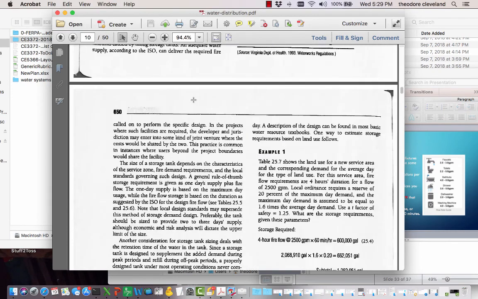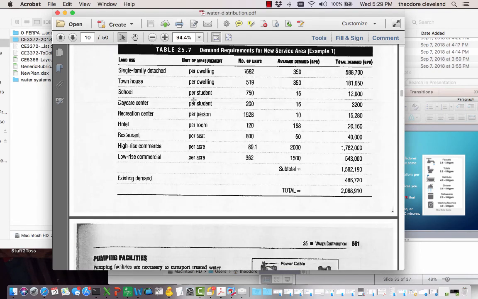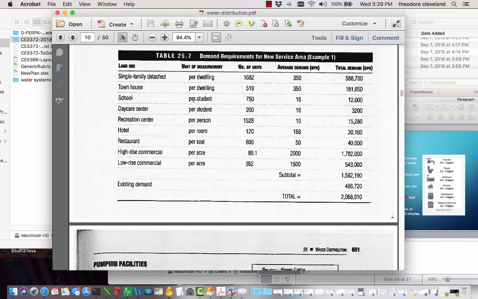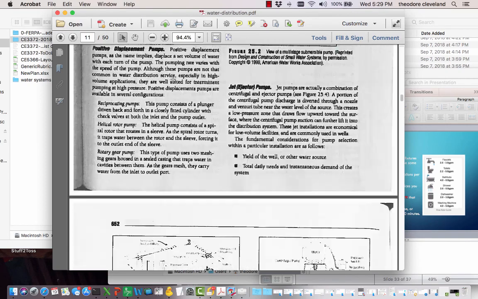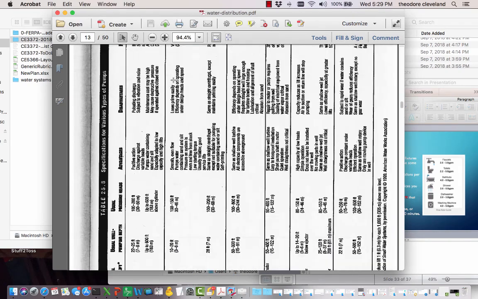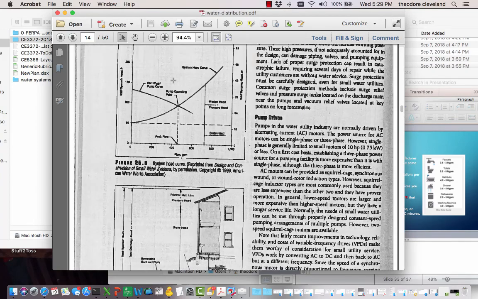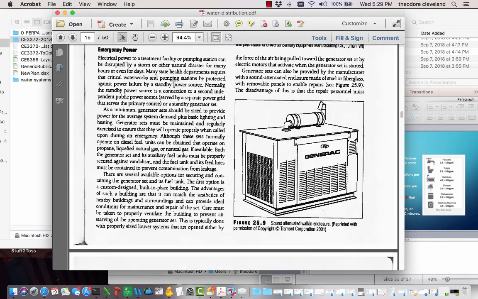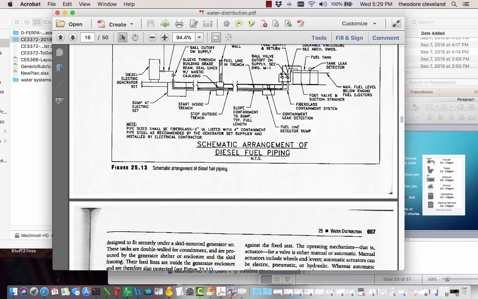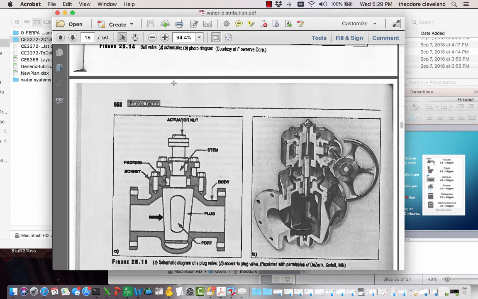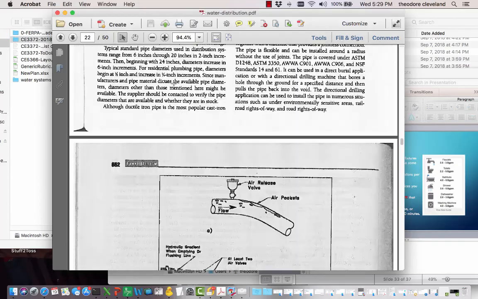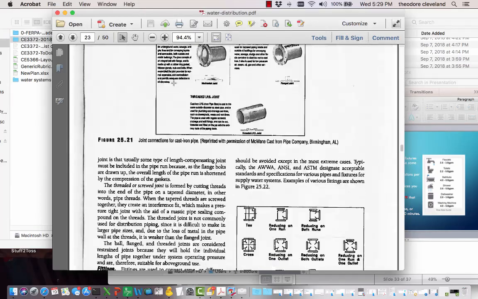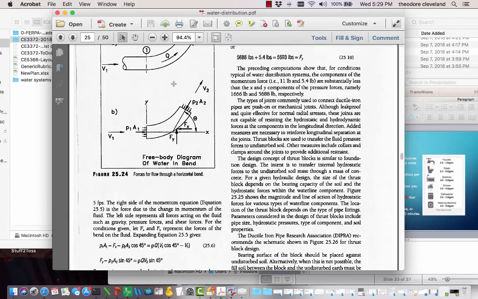It has some discussion on fire flow. An example set of calculations, how to pump water. And I believe this is the source of a curve that allows us to do time varying flow behavior, assuming I can find the curve.